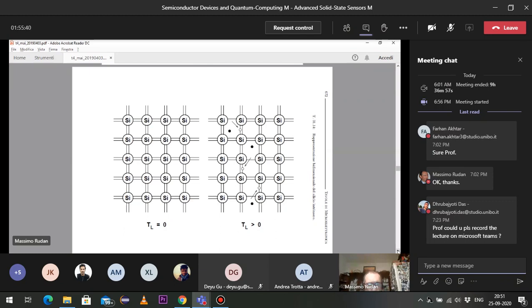And you see that if you look at the left part of the figure, each silicon atom has pairs of sticks that connect it to the surrounding atoms, okay? So each stick is an electron. So each silicon atom has 4 electrons in the outer shell, and these 4 electrons form the bonds with the other silicon atoms, but also the neighboring silicon atoms also have 4 electrons, okay?